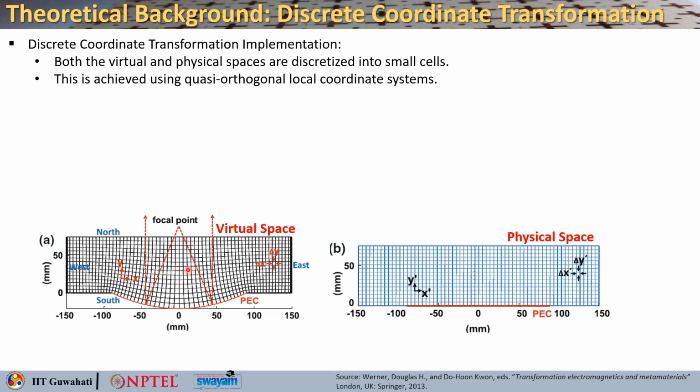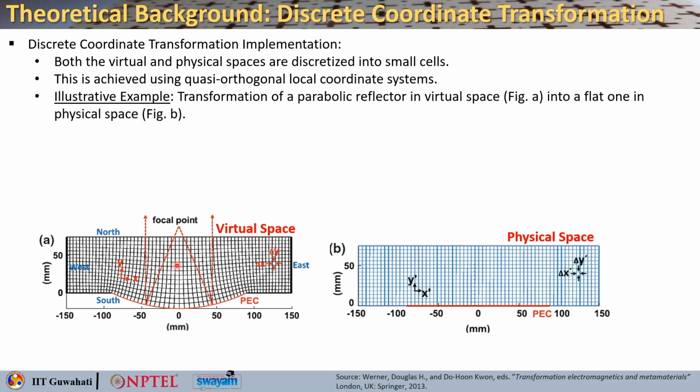In both cases you have used quasi orthogonal local coordinate systems. So, this is a transformation of the parabolic reflector in the virtual space. You can see the parabolic reflector can be transformed into a flat one in the physical space. These are the new coordinate systems, x prime and y prime.